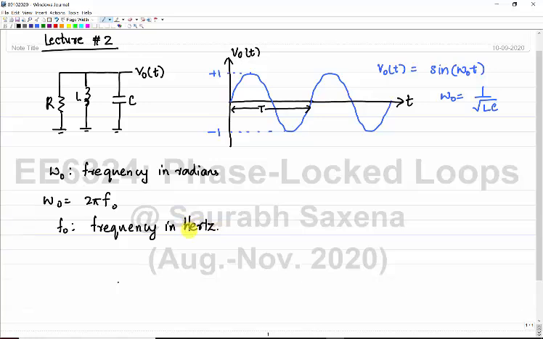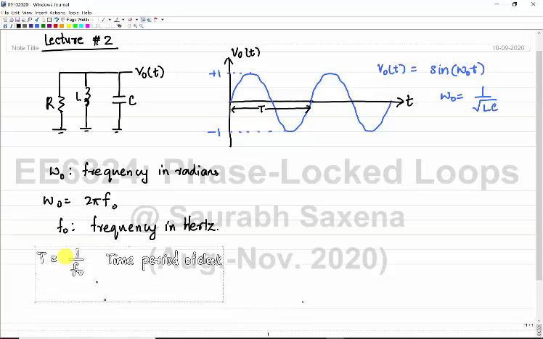Okay, in hertz, and the time period of the clock is T equal to 1 over f naught. Okay, so these are just the parameters which are used in reference to a clock.